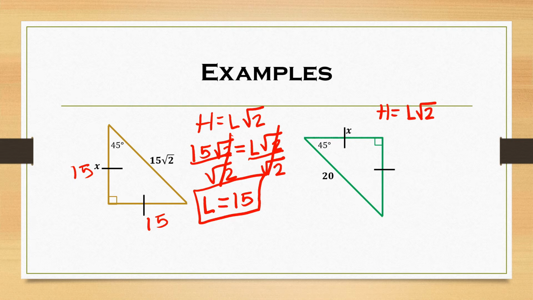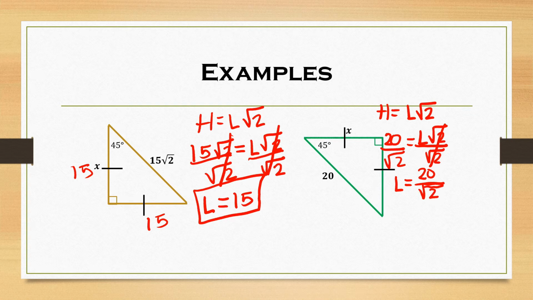Since na ang ating hypotenuse is 20, so we have 20 is equal to leg times square root of 2. So, divide both sides by square root of 2. So, cancel dito. Leg is equal to 20 over square root of 2.